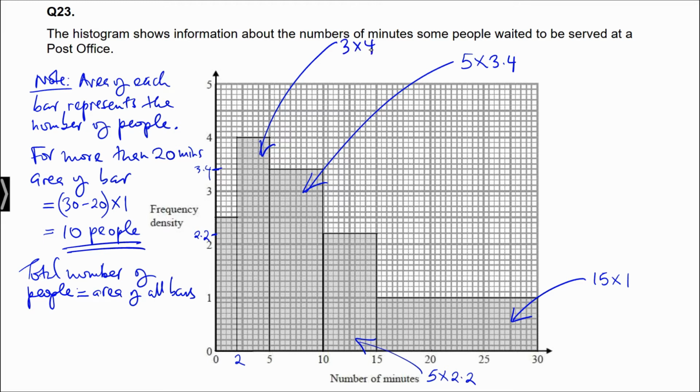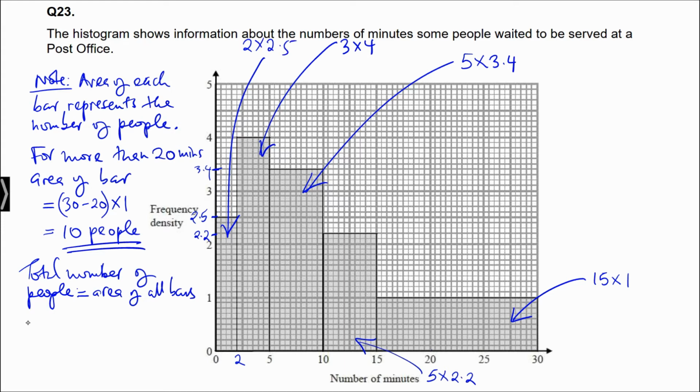The area of this bar here, the height of this bar is 2.5. So the area will be 2 multiplied by 2.5.